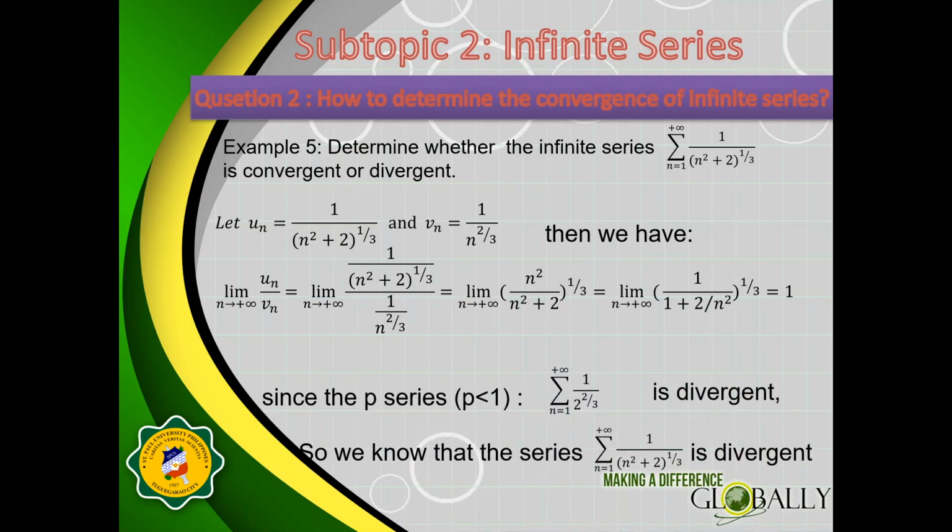Since the P series here, the P is 2 over 3, is less than 1, right? So the P series is divergent. So according to the limit comparison test, we know that the infinite series here in example 5 is divergent too.